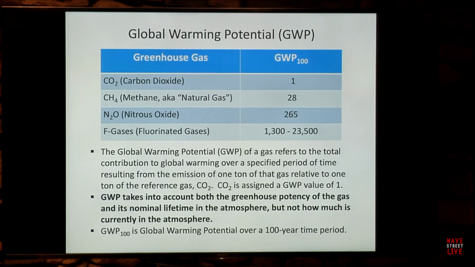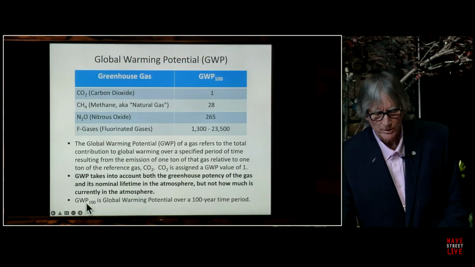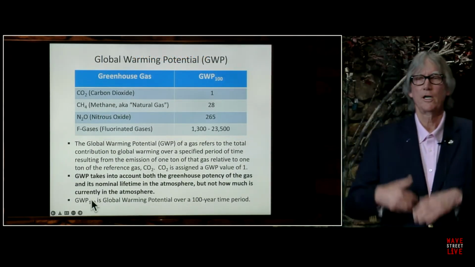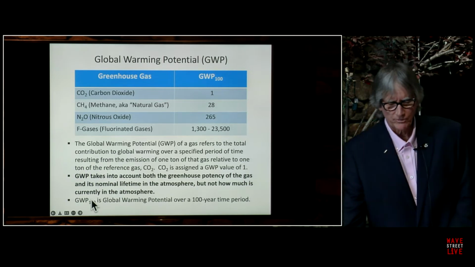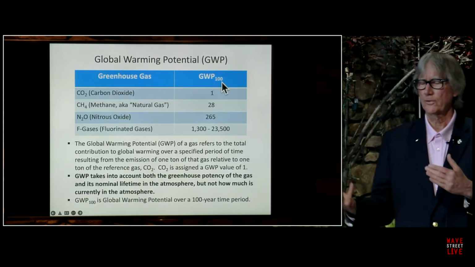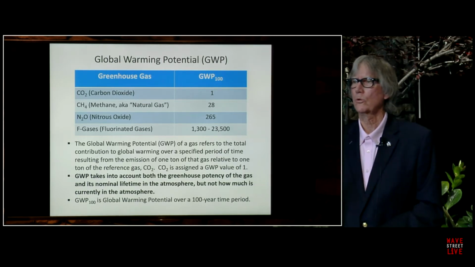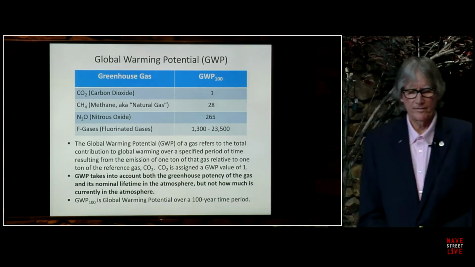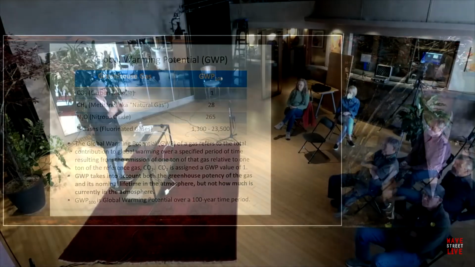And typically, we talk most of the time about GWP 100, which is global warming potential over 100 years. But sometimes people talk about GWP sub 1,000, global warming potential over 1,000 years. If you just see the term global warming potential or GWP, then pretty much by default they're talking about global warming potential over 100 years. So what we see here is that carbon dioxide has a GWP of 1.